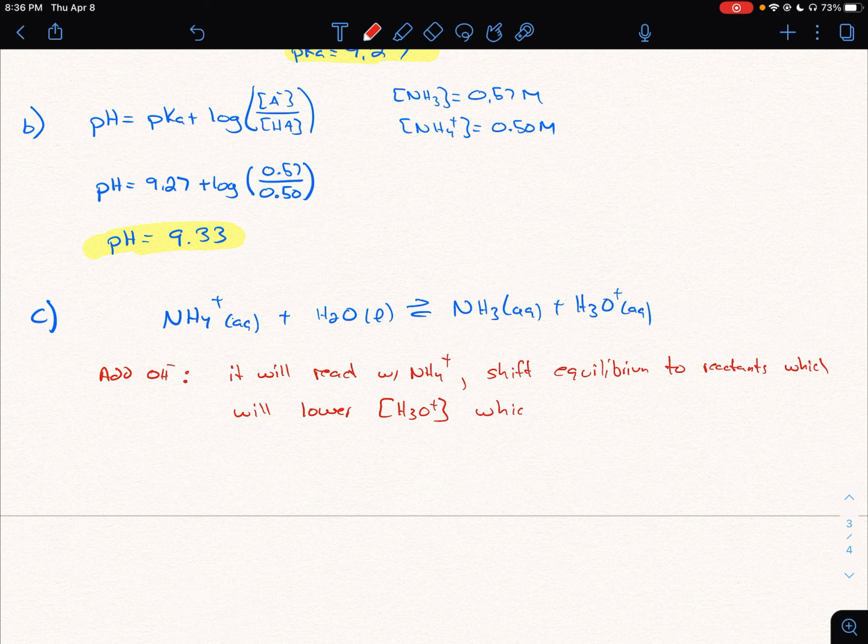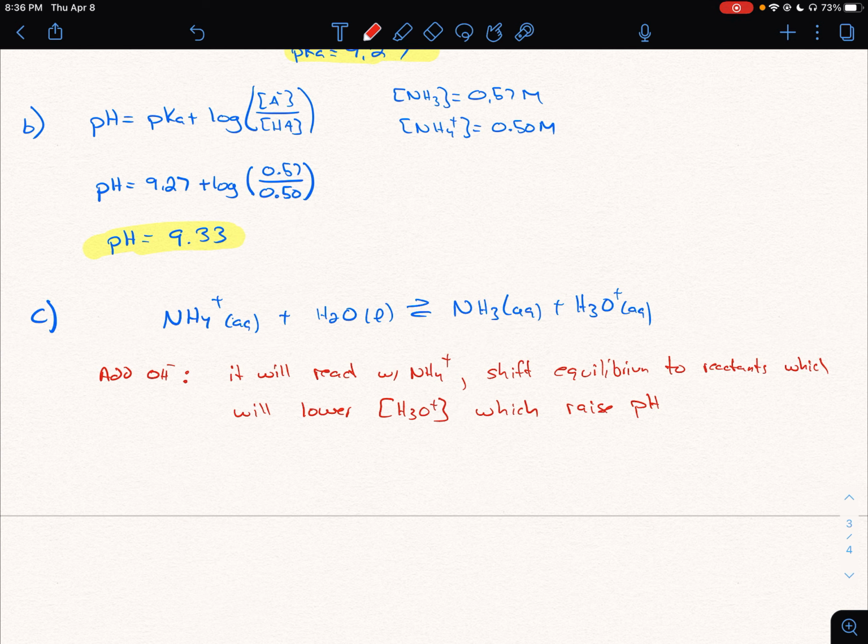If we lower that concentration, this will raise the pH. So there's a lot going on in that sentence. So you might want to stop and work that out and make sure you understand all that's going on there.